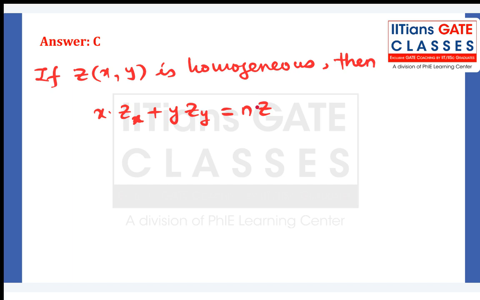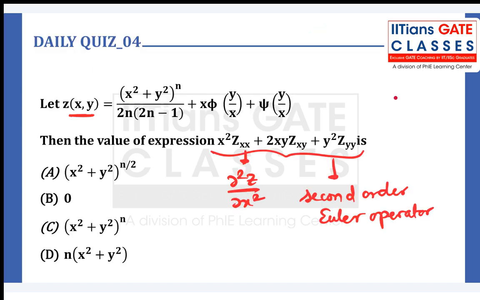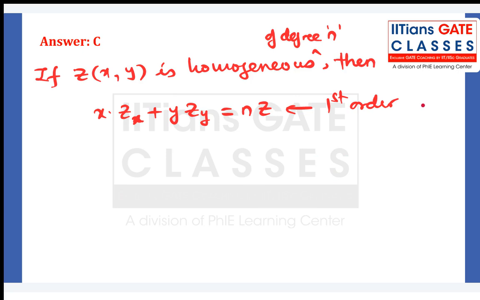This is a homogeneous function of degree n, so the degree of this z function is n. So this is your first order Euler operator. We don't call it an operator in our regular discussions, but this pertains to the first order terms.